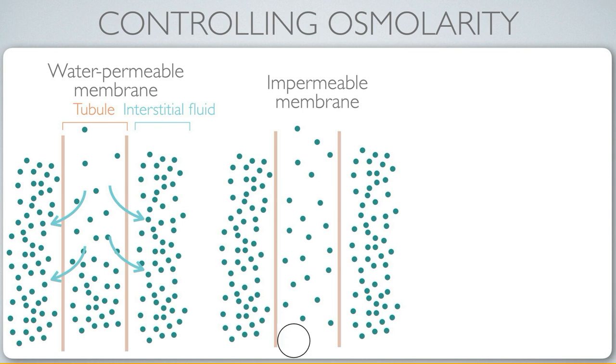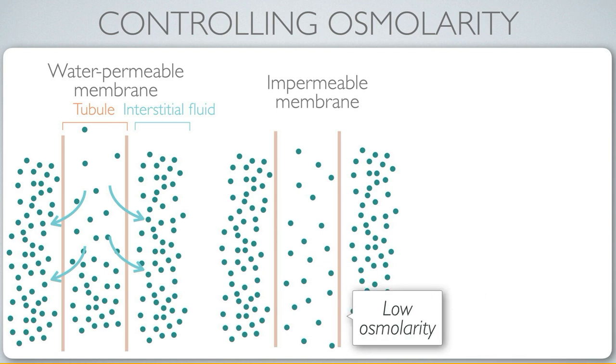Okay, it's just a pipe, essentially. It doesn't really matter what the osmolarity is in the interstitial fluid because it's a pipe. And as a consequence, we're left with a low osmolarity that is excreted.